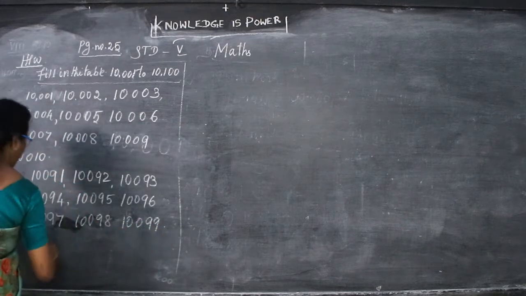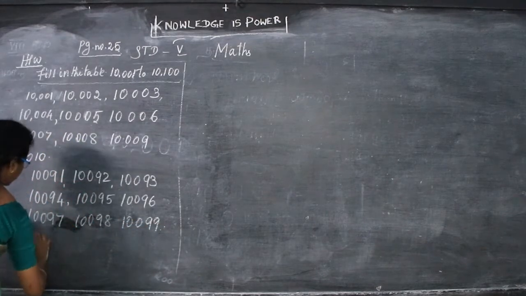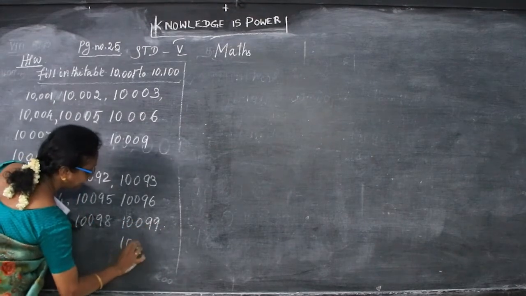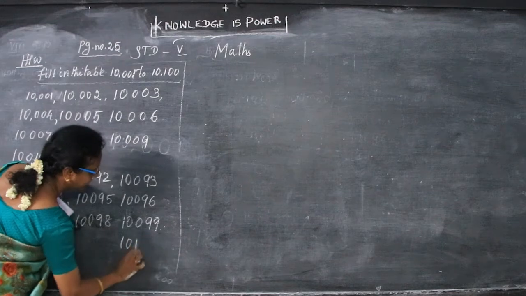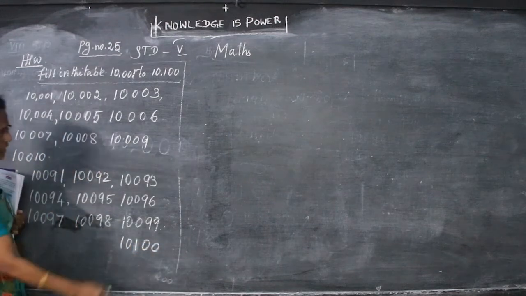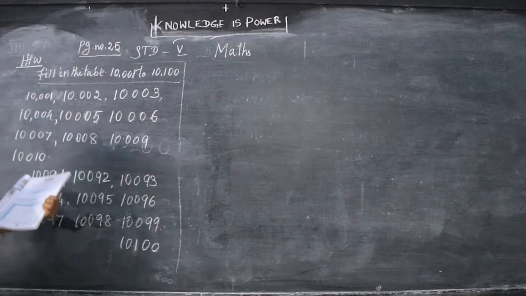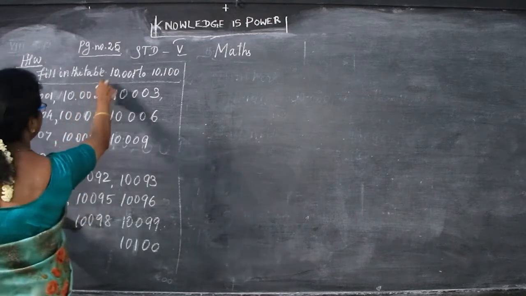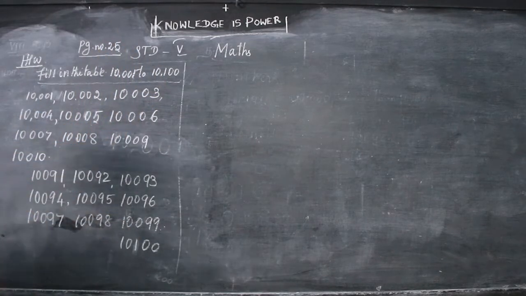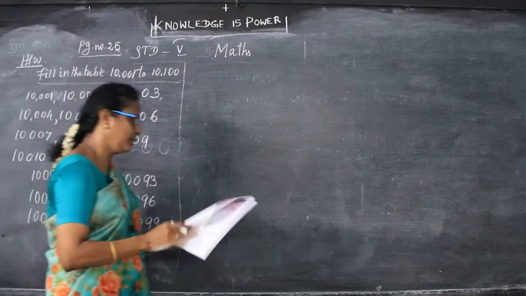And after 10,099 you can write 10,100. So when you write 100, it is 10,100. Okay. So your homework is 10,001 to 10,100. You have to write it, children.